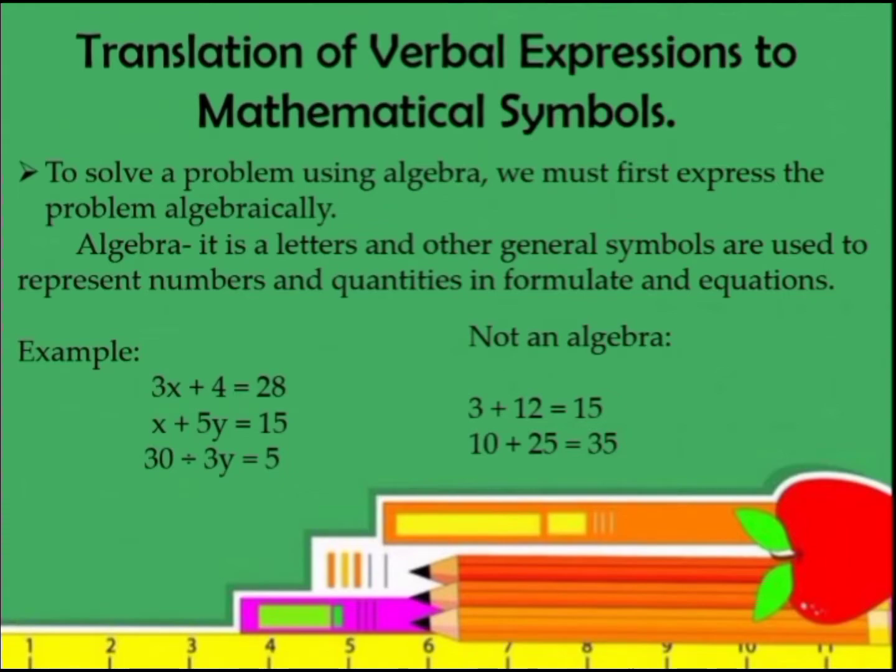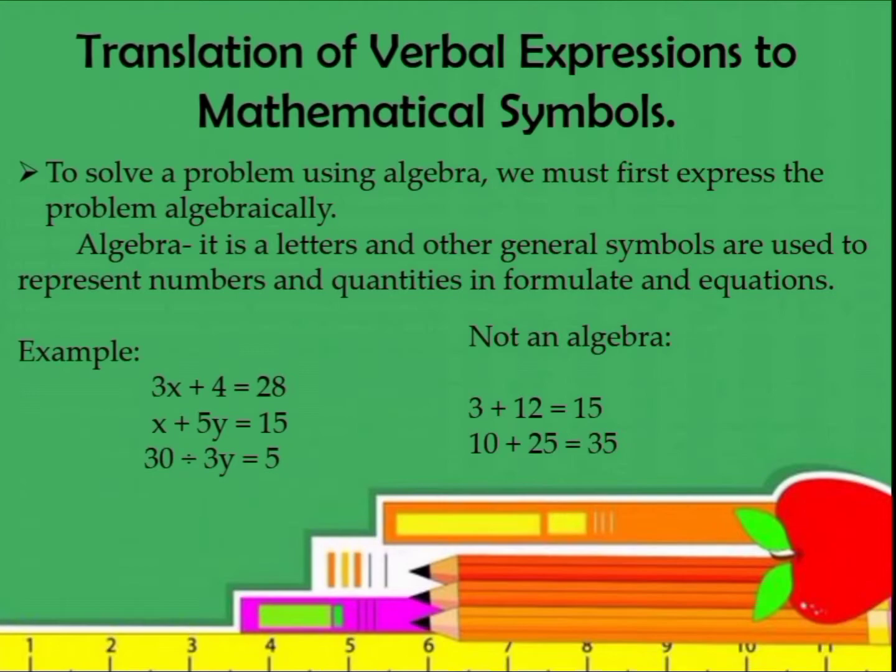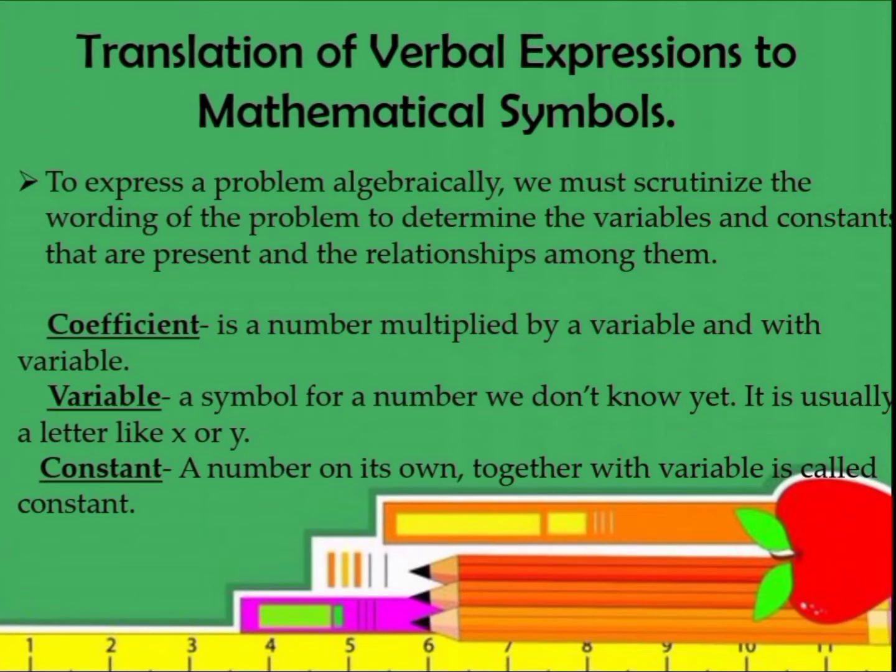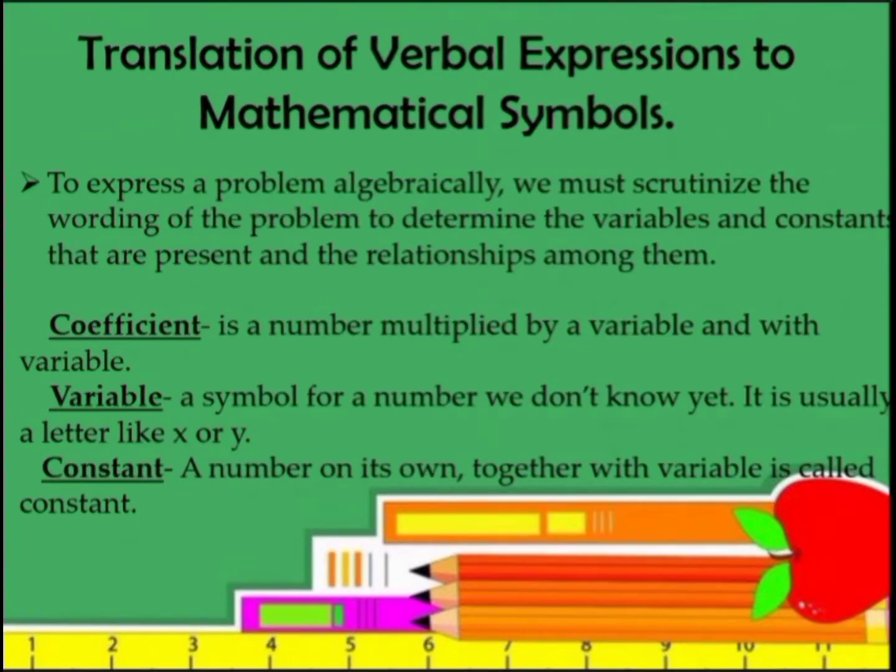So, an algebra is an equation which has numbers with letters or symbols. The next one is, to express a problem algebraically, we must scrutinize the wording of the problem to determine the variables and constants that are present and the relationship among them.